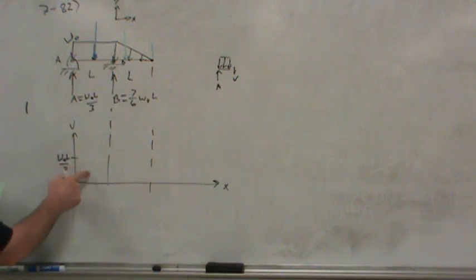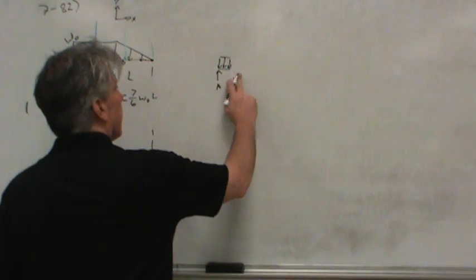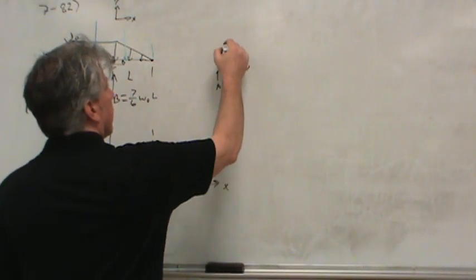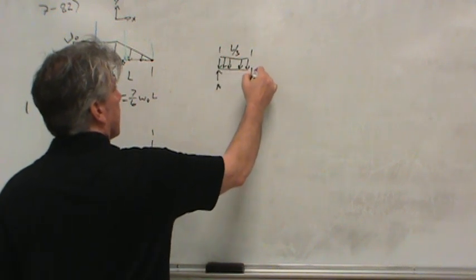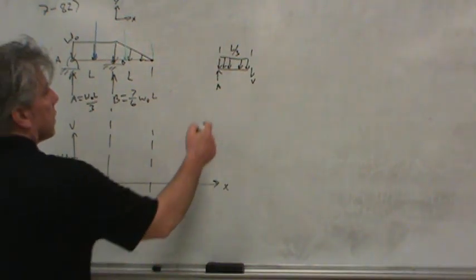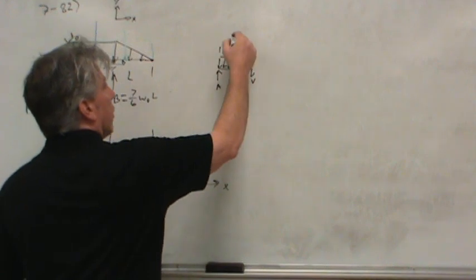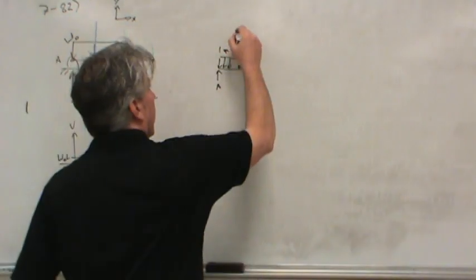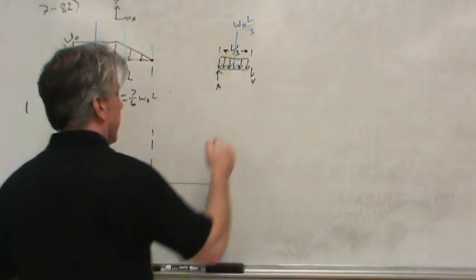Once we get to length over 3, the amount we take away, if we have a distributed load at L over 3, if we take that particular point, then that L over 3 length will give rise to a resultant whose magnitude is simply W naught L over 3.